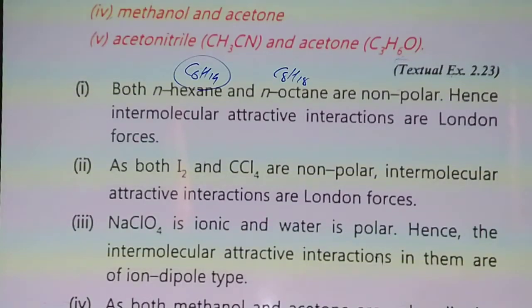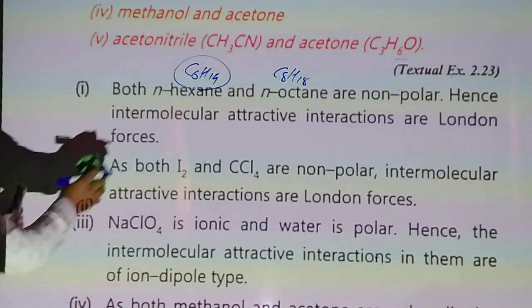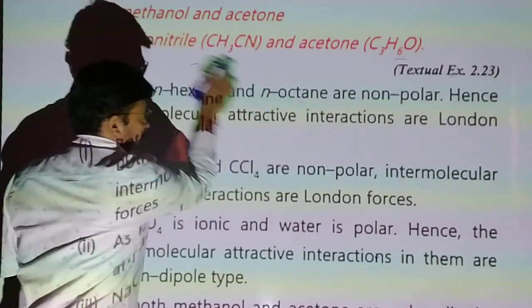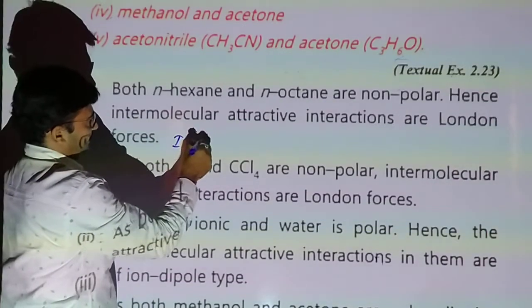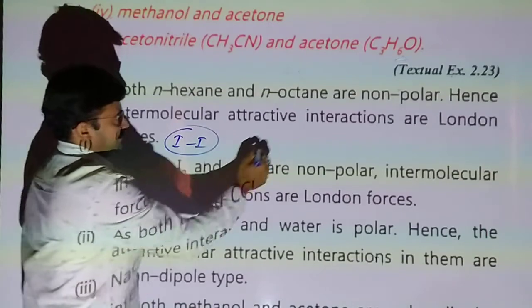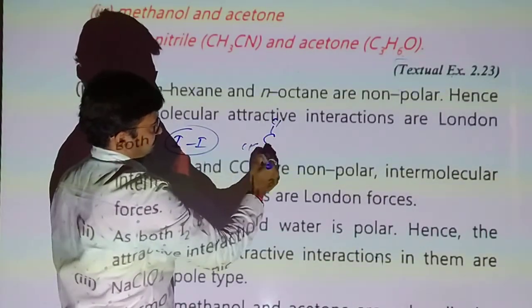Yes, both iodine and CCl4 are non-polar. The intermolecular attractive interactions are London forces. Iodine is non-polar, CCl4 is also non-polar.